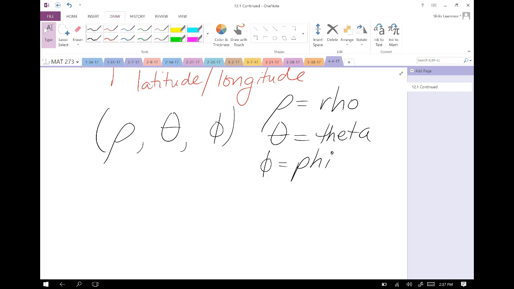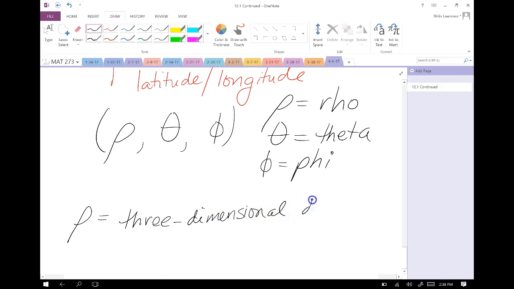All right, so here's what these things mean. So the rho is the three-dimensional distance of the point from the origin.